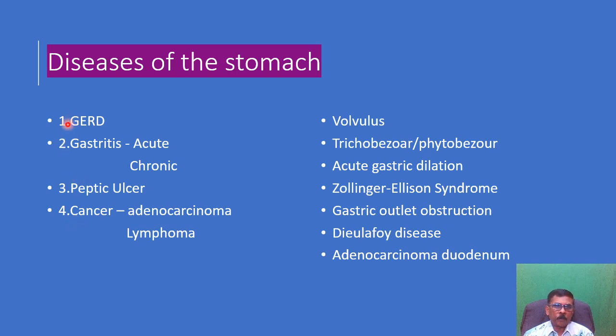GERD, gastroesophageal reflux disease, should be covered in another lecture. Acute and chronic gastritis, which I will cover today, peptic ulcer and cancer. On the right are some of the rarer diseases of the stomach, which will be covered in another lecture.